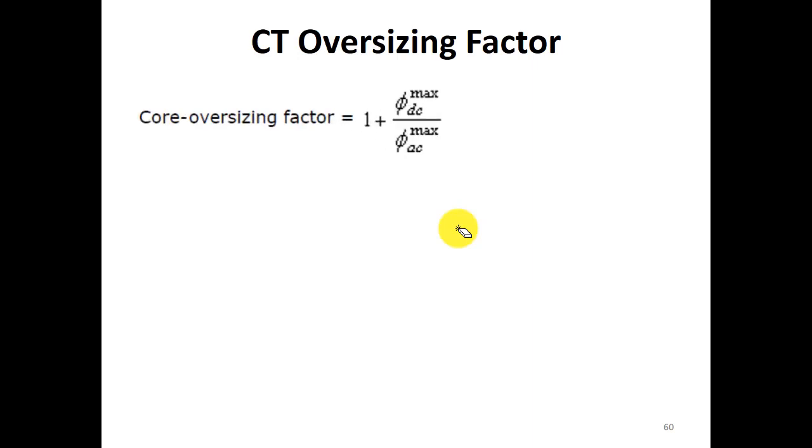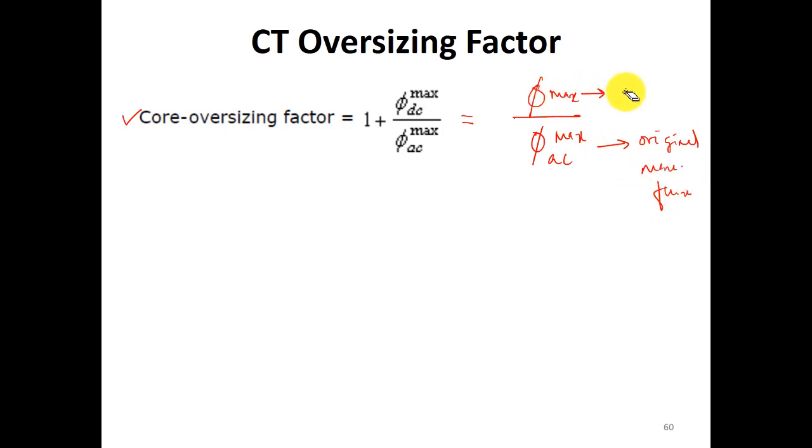So we define this oversizing factor of the core, the core oversizing factor, as 1 plus phi DC by phi AC, or we can write this as phi max by phi AC max, because phi AC max is your original maximum flux.